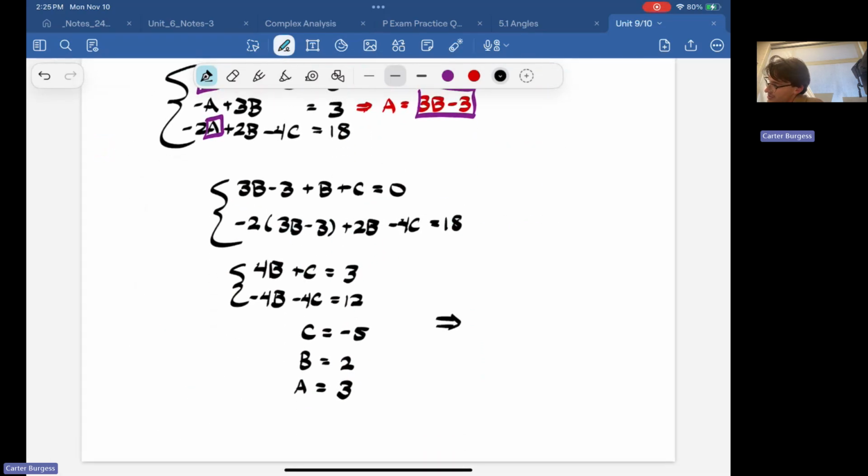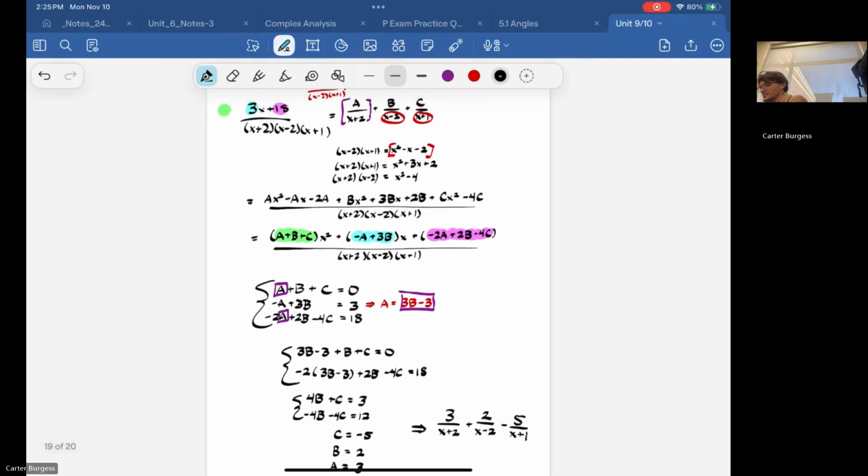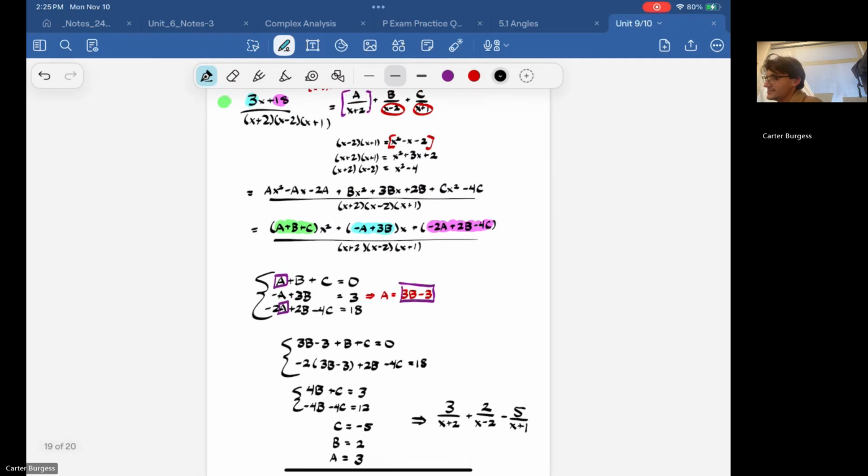The decomposition is going to be 3 over x plus 2, plus 2 over x minus 2, minus 5 over x plus 1. Very cool.